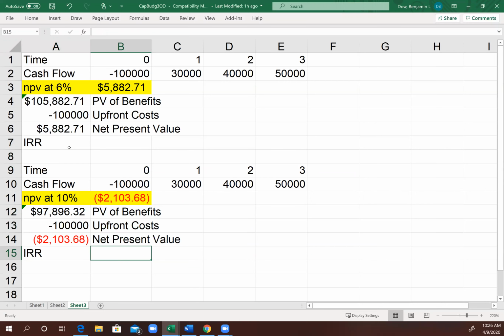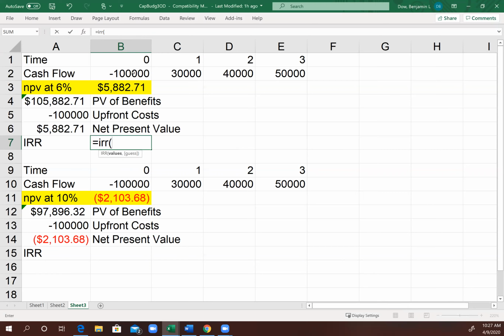If 6% meant the project's good and 10% meant the project is bad, then at some point there must be some discount rate that makes the present value of the benefits equal to the upfront costs. And if we're solving for that, we could solve it by trial and error.